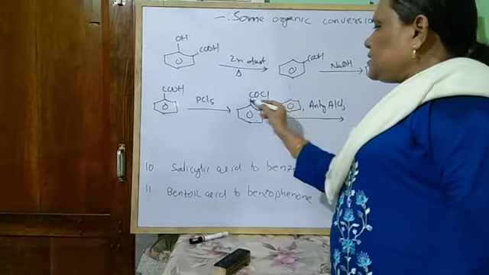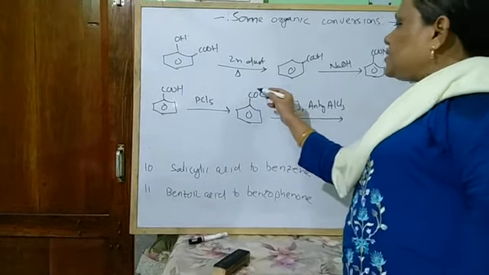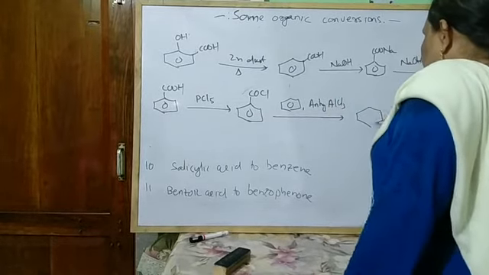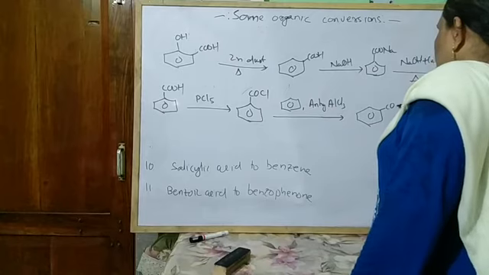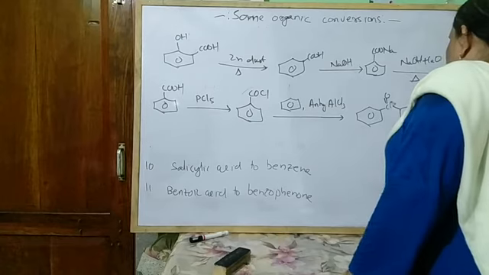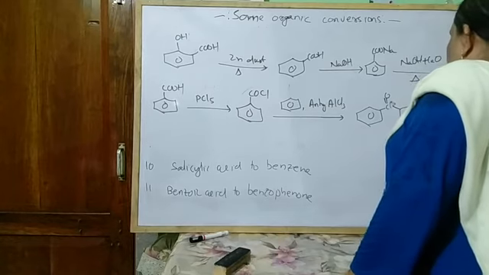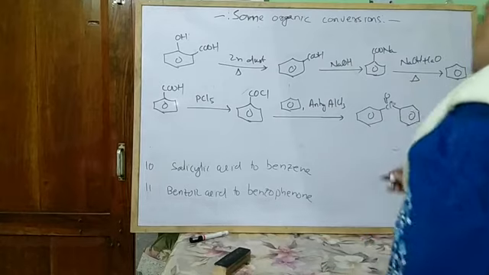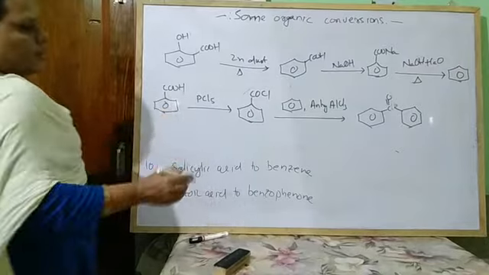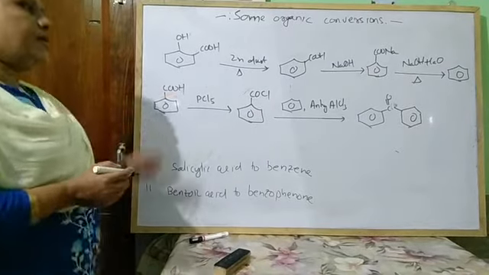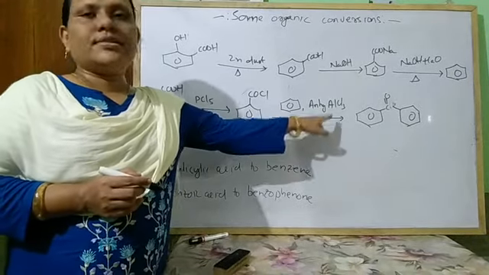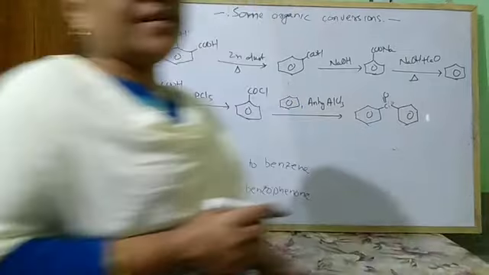So this C6H5CO group is substituted here in benzene. This is known as an electrophilic substitution reaction. This is benzophenone. So benzoic acid treated with PCl5 forms benzoyl chloride. Benzoyl chloride treated with benzene in presence of anhydrous aluminum chloride forms benzophenone.